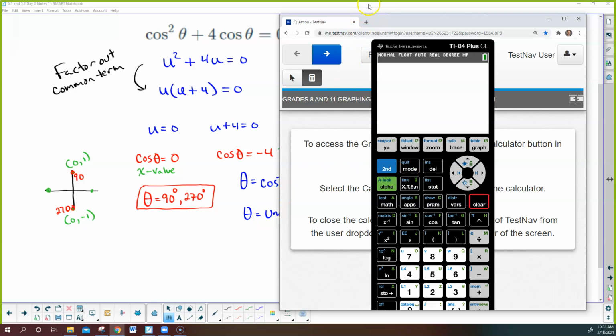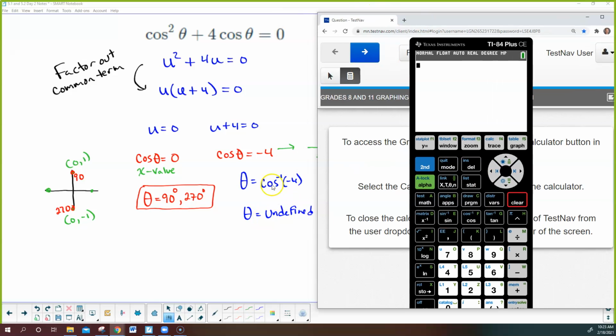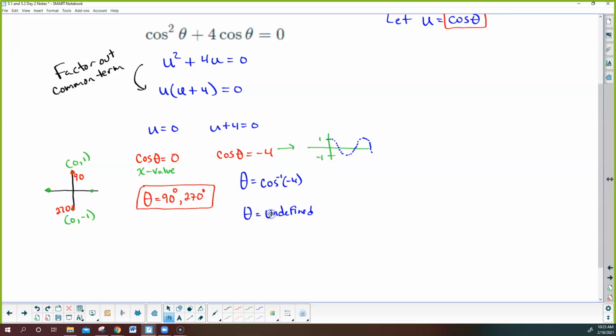Okay, I want to do the inverse. I wanted to move cosine over, so I'm doing the inverse of cosine, and I want -4. And you can see domain error. So undefined, error, does not exist.